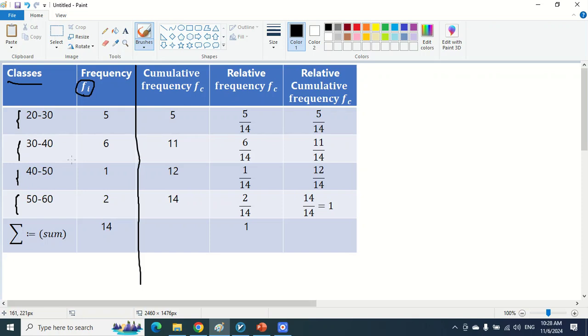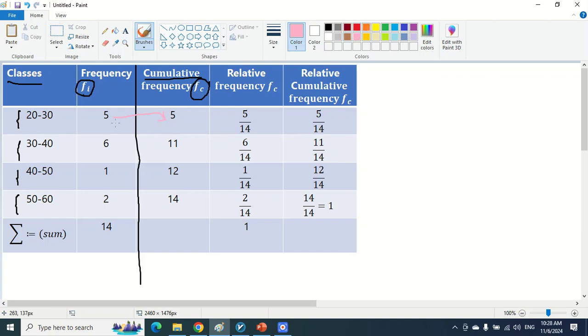It's the same as the previous example in the last lecture. So for calculating the cumulative frequency, which we denote by FC, we should add or sum the frequencies previously on that case. It means that at the beginning, for the first class, the frequency and the cumulative frequency are the same.